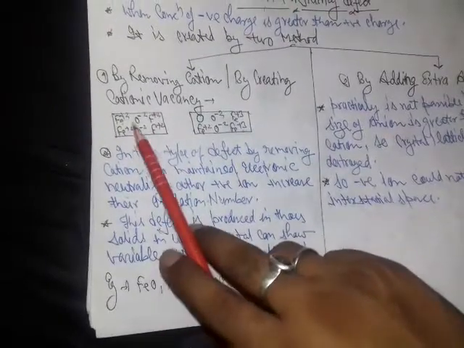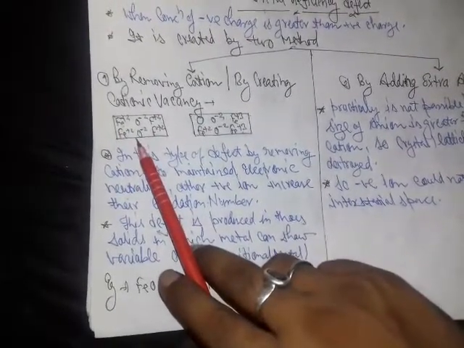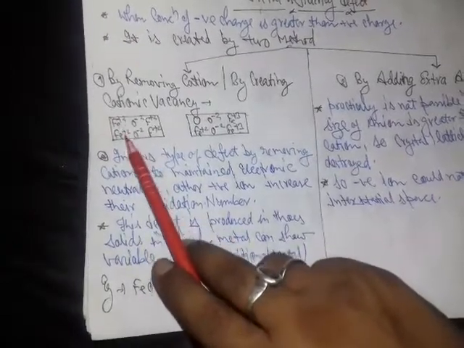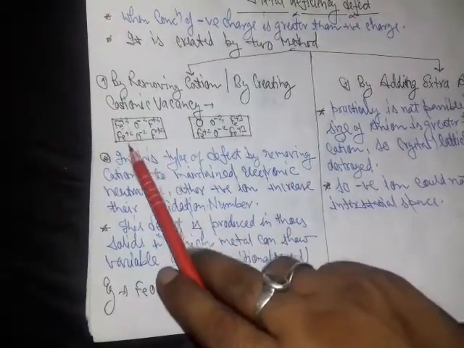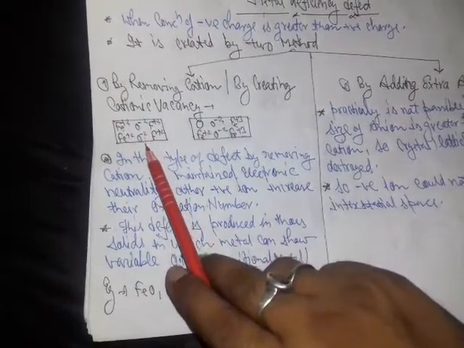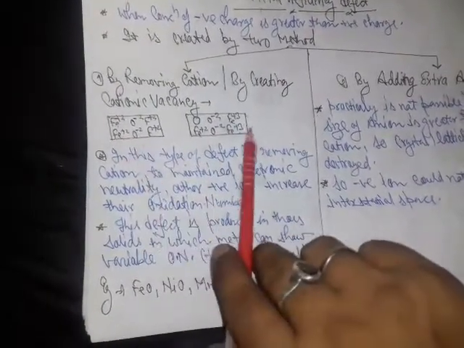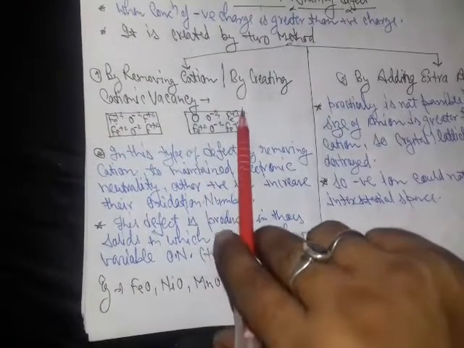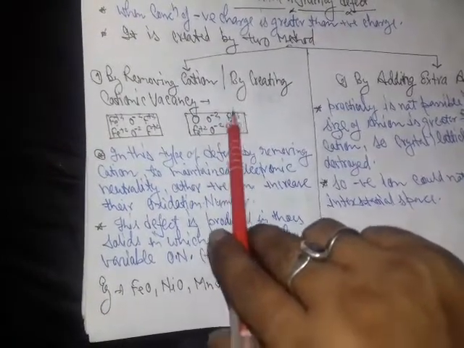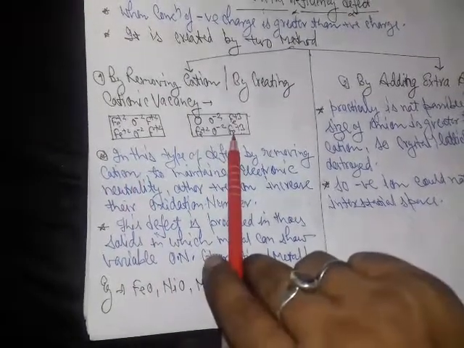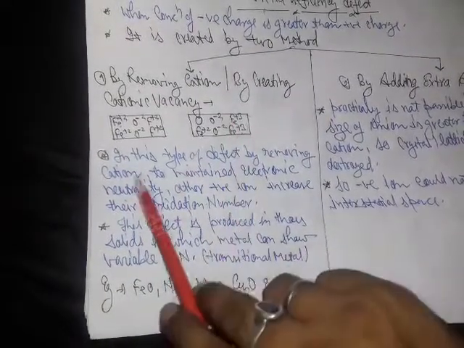In this crystal it is ferrous oxide. In this crystal there is a positive ion, ferrous ion. When removing the positive ion, the oxidation state of the next positive ion increases.